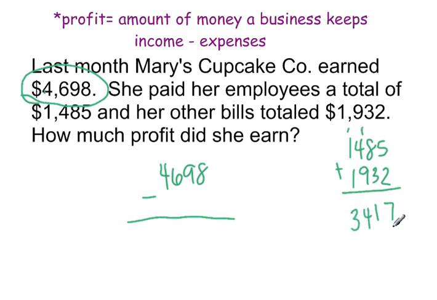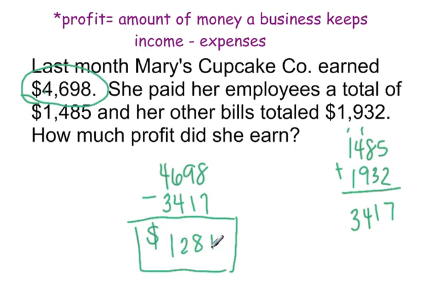So her total expenses were $3,417. So at the very end of the month, even though this is how much money they took in, this is how much money was in their register, after she paid her employees and her bills, her profit, $1,281. This is how much money the company actually gets to keep.